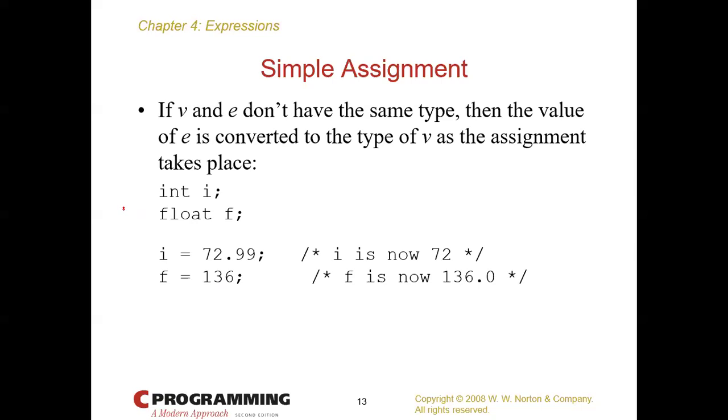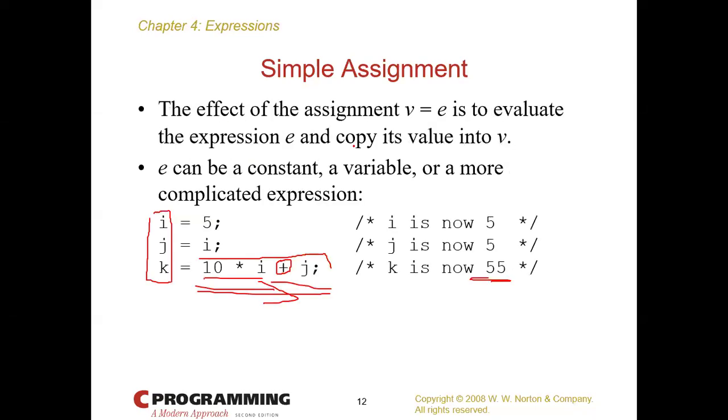All right. Observe, if V and E don't have the same type, then the value of E is converted to the type of V as the assignment takes place.